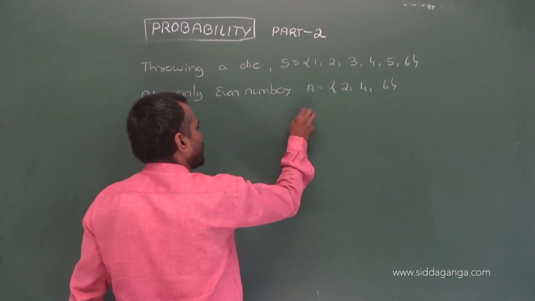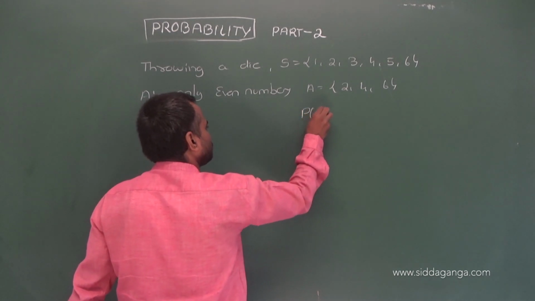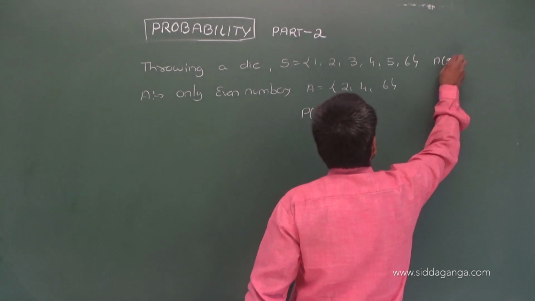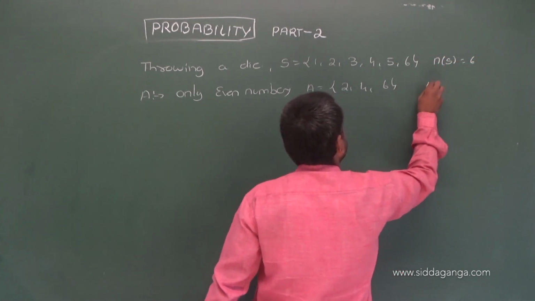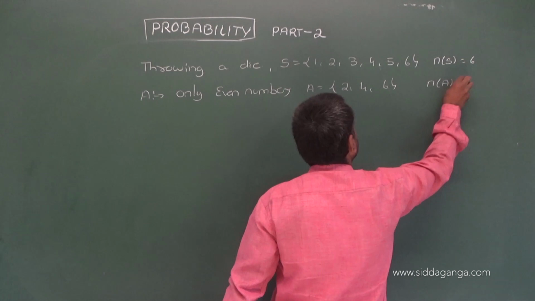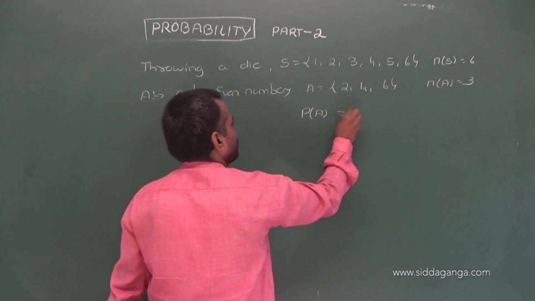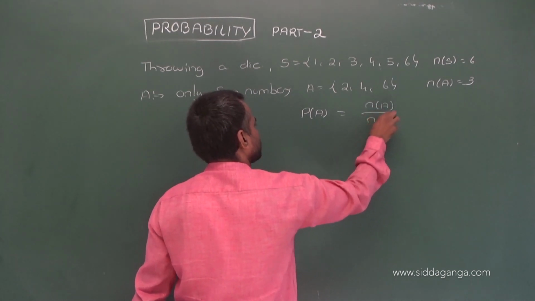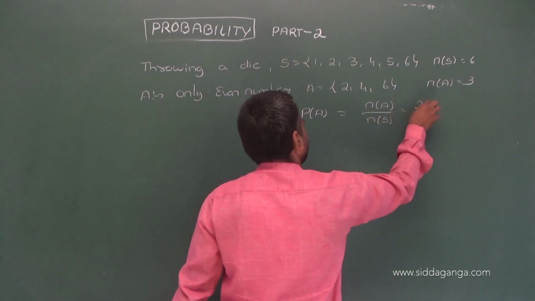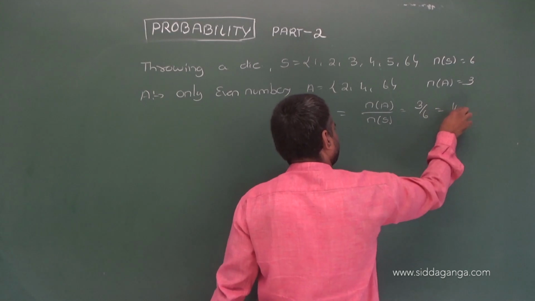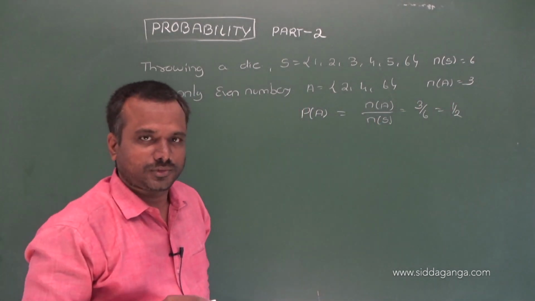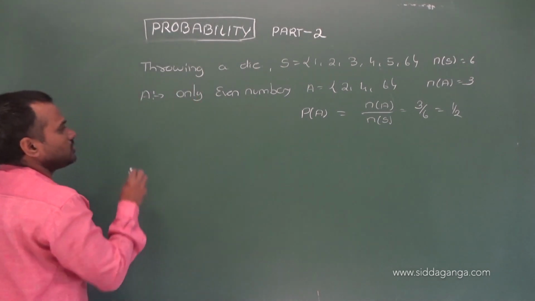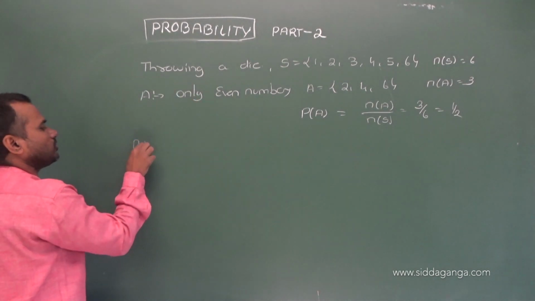Then I want P of A. Here N of S is 6, N of A is 3. P of A is N of A divided by N of S, 3 by 6, which is 1 by 2. Correct? 3 divided by 6, the answer is 1 by 2.